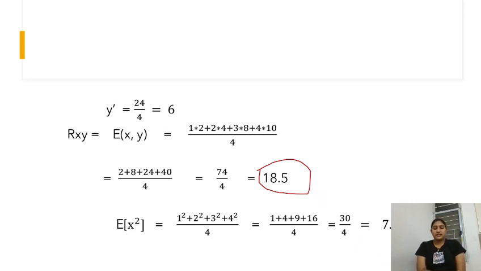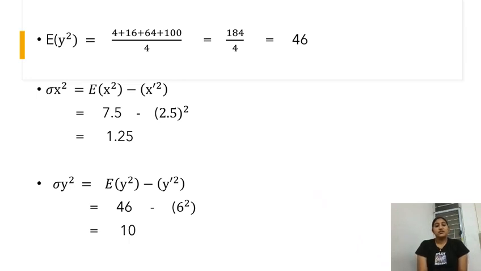Expectation of x square equals 1 square plus 2 square plus 3 square plus 4 square by 4, which gives 30 by 4, that is 7.5. Expectation of y square equals 46.